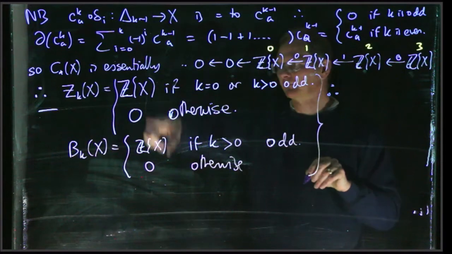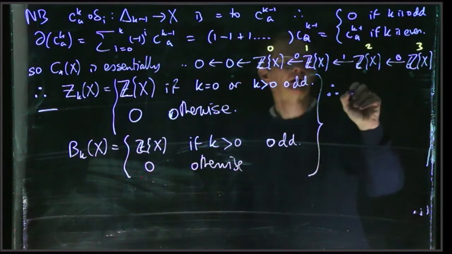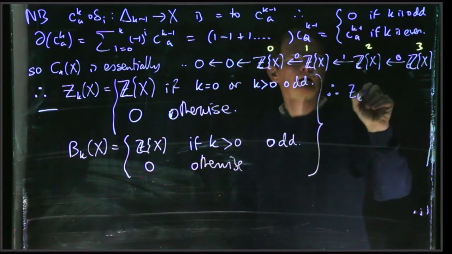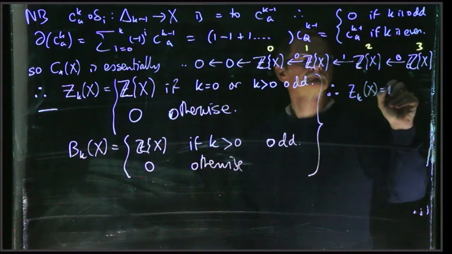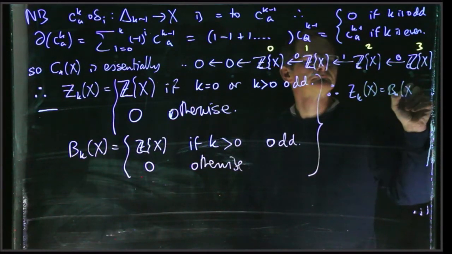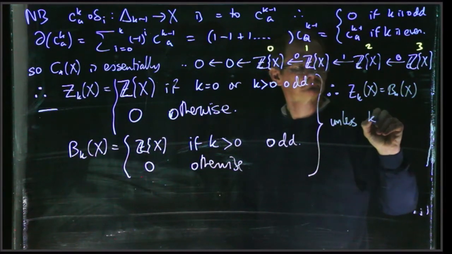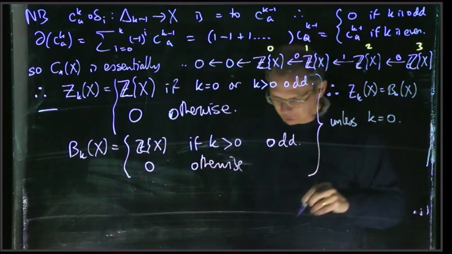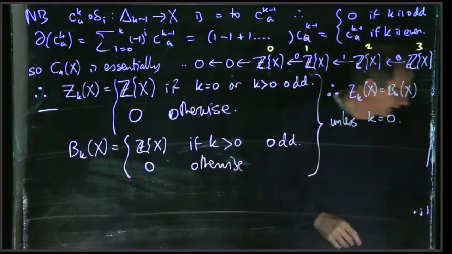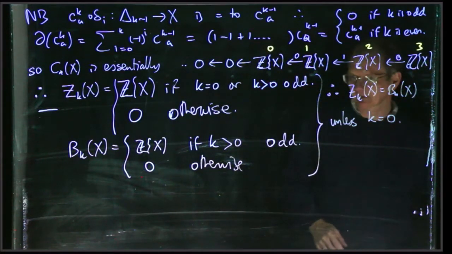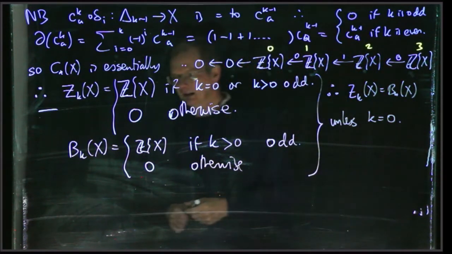You see that we more or less got the same answer in the two cases. Okay, so it's only when k is 0 that these two groups differ. That's the only case where anything's going on.